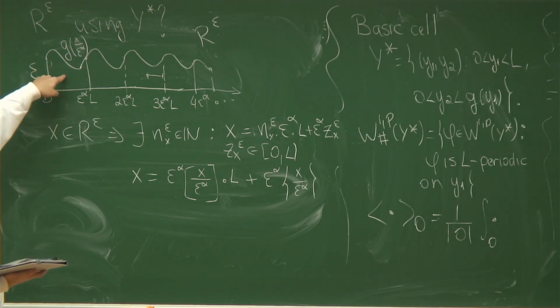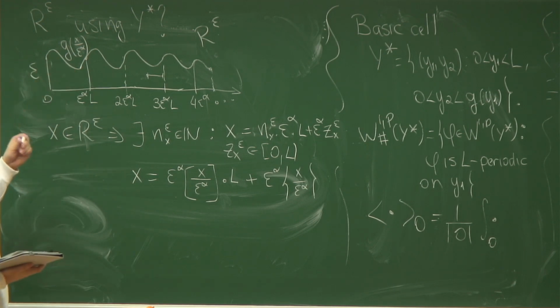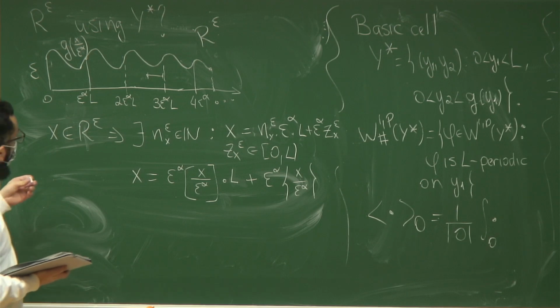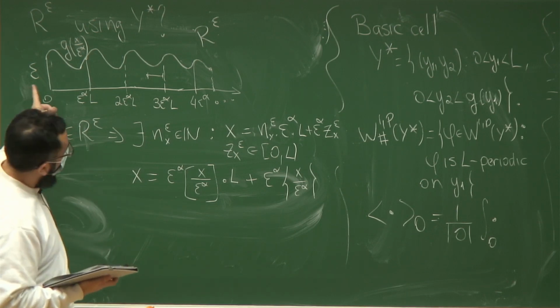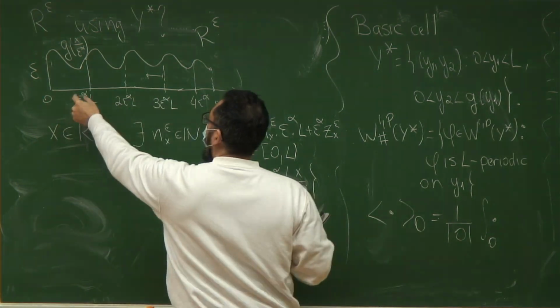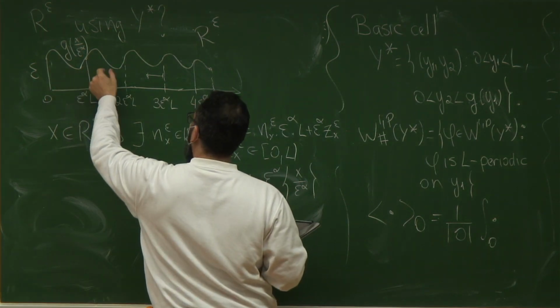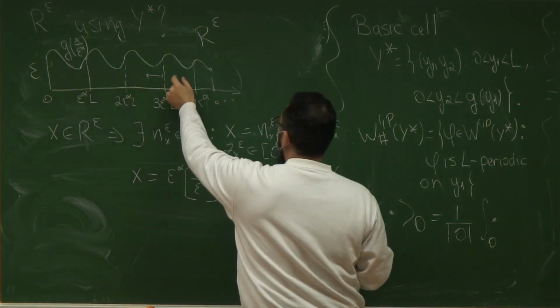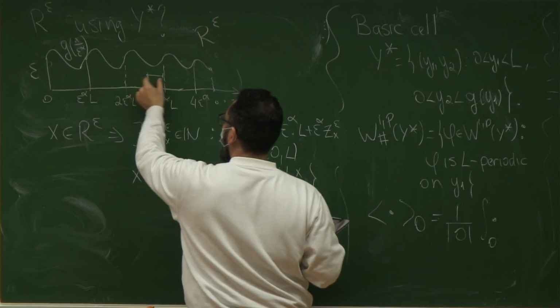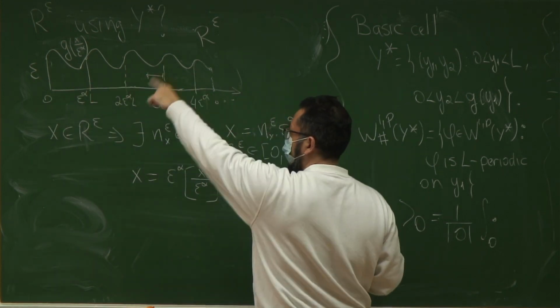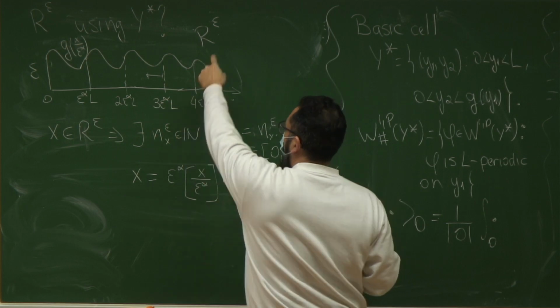Next, basically the last notation is the following. Notice that we will have a quantity that we can enumerate of basic cells rescaled, forming the domain.